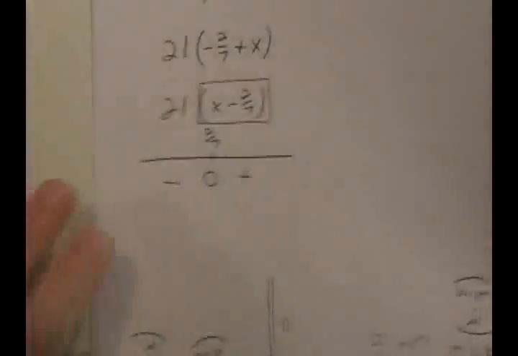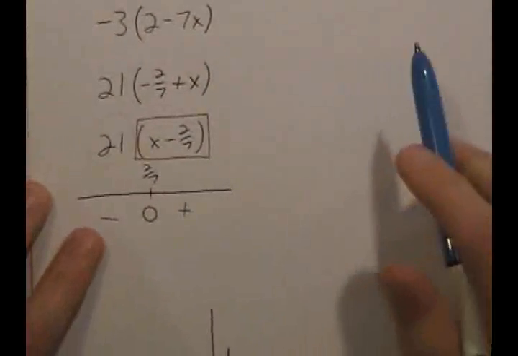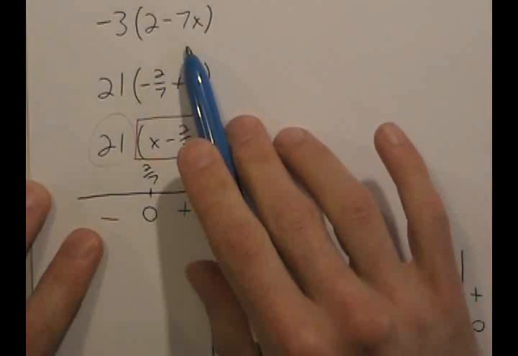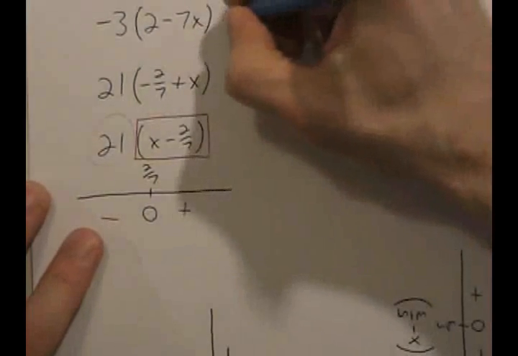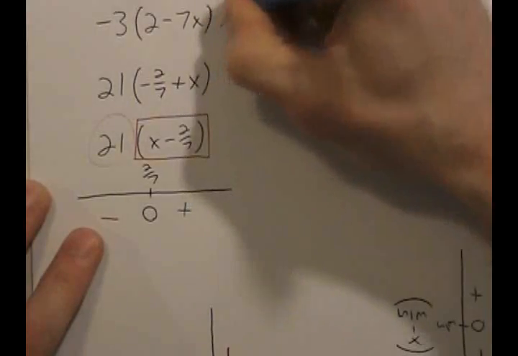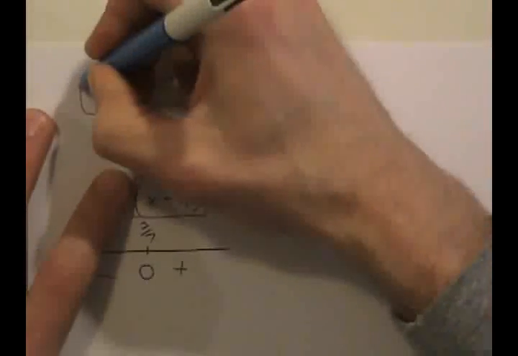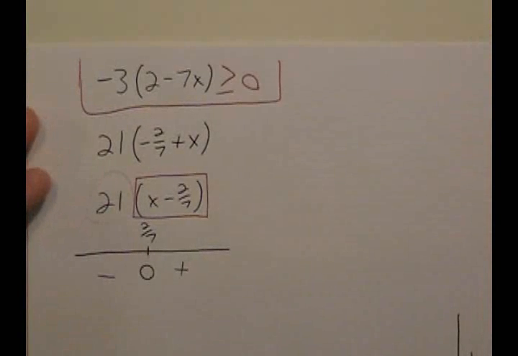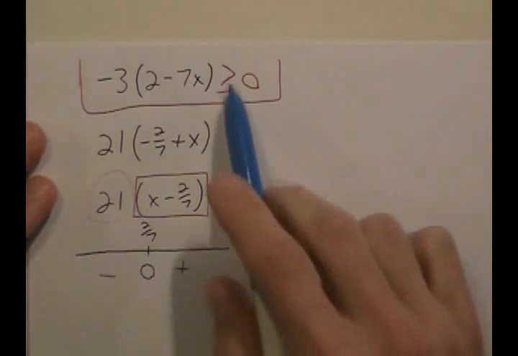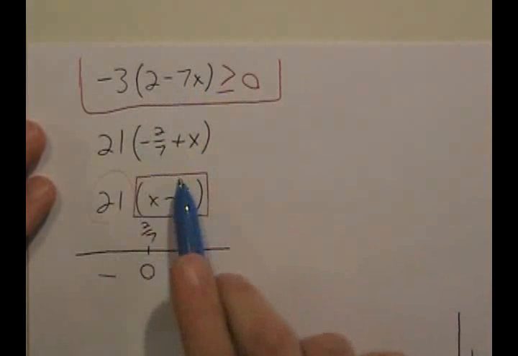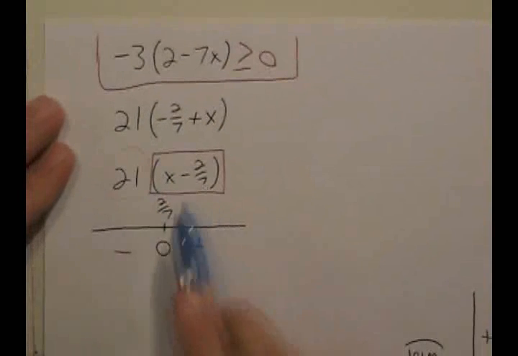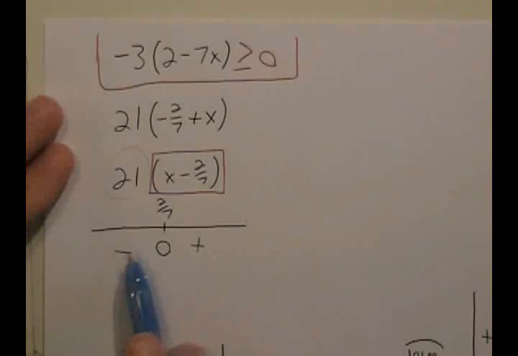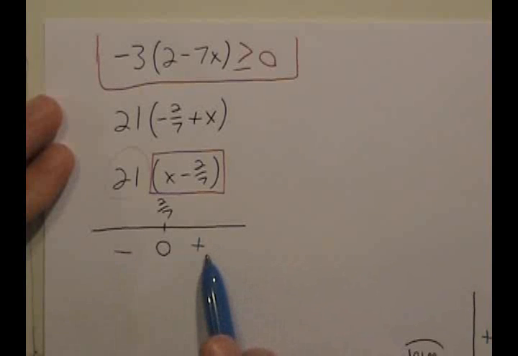And lastly, I guess I'll just do this one last. Suppose that the original problem had started out like this, and I wanted to solve this inequality. Where is this expression greater than or equal to 0? So this is the original problem. Without doing any algebra, of course we could do the algebra, but the purpose is to use the sign chart. So what you would do is a little bit of algebra here, put together the sign chart for it, and see, okay, the expression is negative here, it's negative in this region, and it's positive in this region.